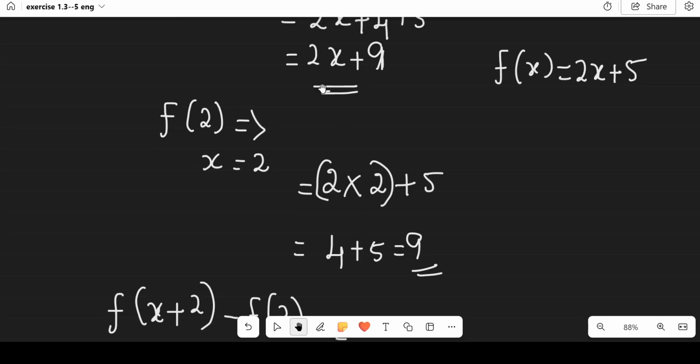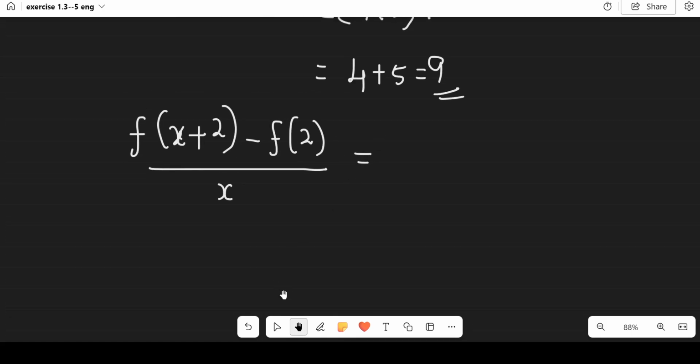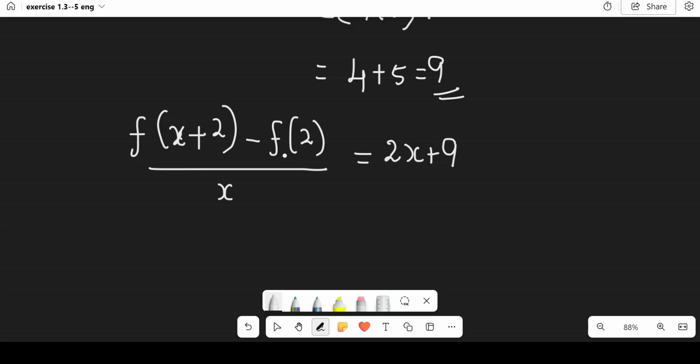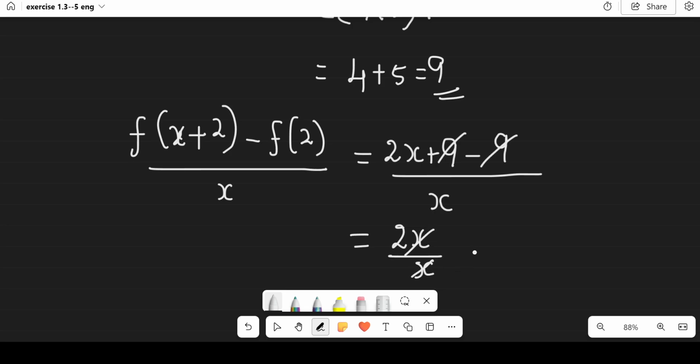First answer is 2x plus 9. Then here we have minus, right? Minus f of 2 value is 9, divided by x. So we can cancel plus 9 and minus 9. So the answer would be 2x divided by x. We can cancel x also. So the answer is 2.